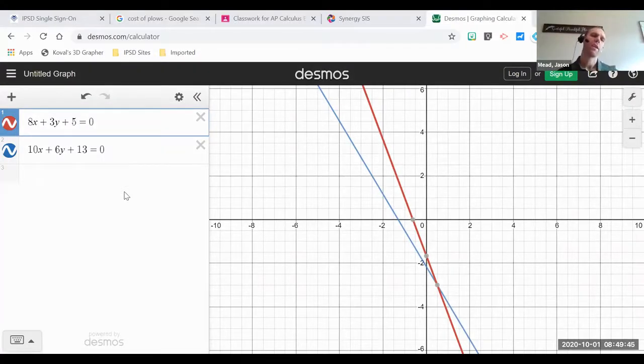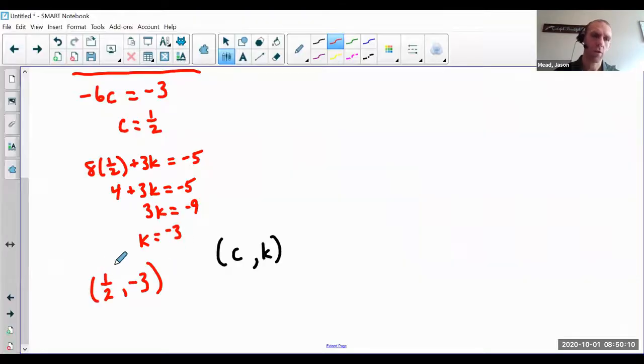So I take these equations and I plug them in, and I end up getting an intersection point. This intersection point is what we're solving for. So when I solve a system of equations, what I'm really doing is I'm finding an intersection point. So if I go back to here, this represents where the lines intersect.